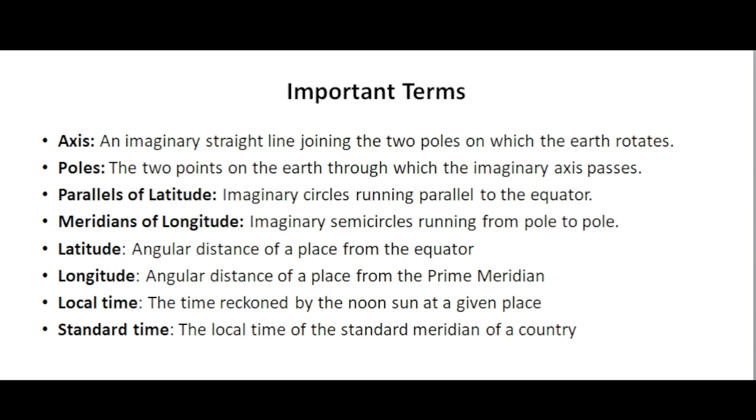Meridians of longitude are imaginary semicircles running from pole to pole. Latitude is the angular distance of a place from the equator. Longitude is the angular distance of a place from the prime meridian. Local time is the time reckoned by the sun at a given place. Standard time is the local time of the standard meridian of a country.